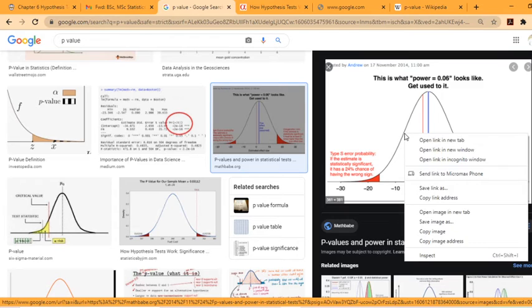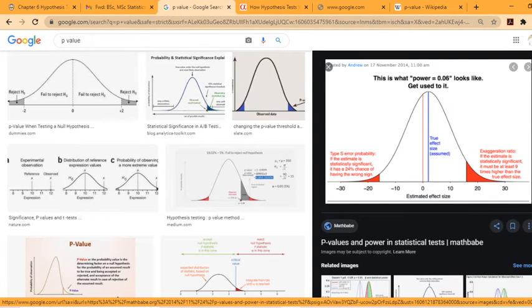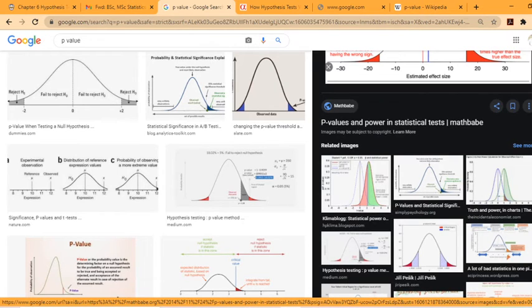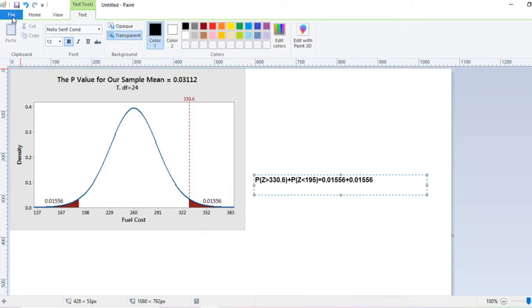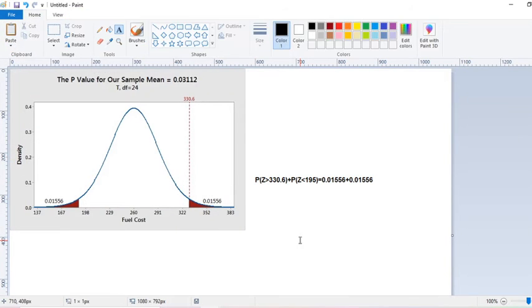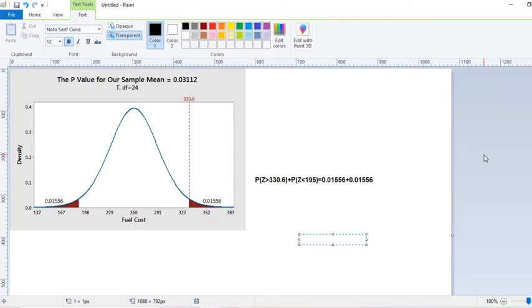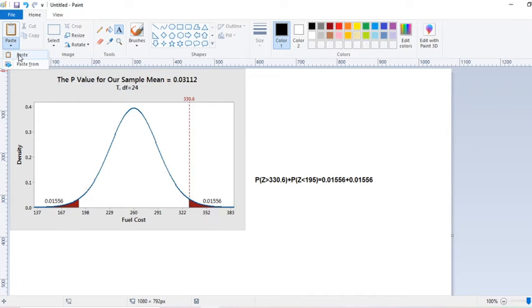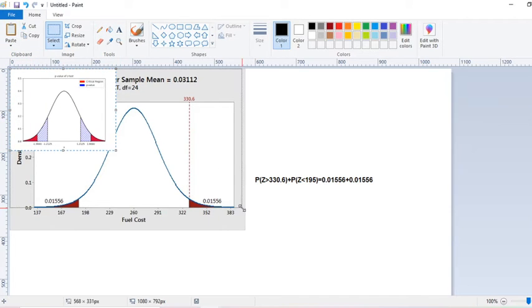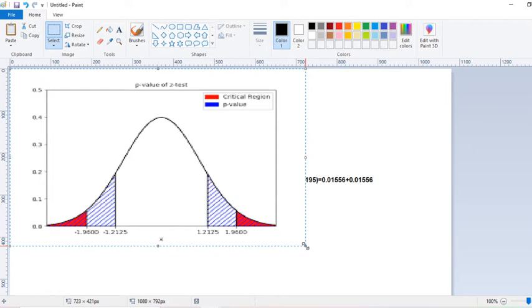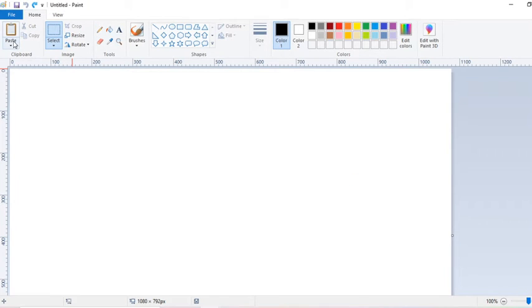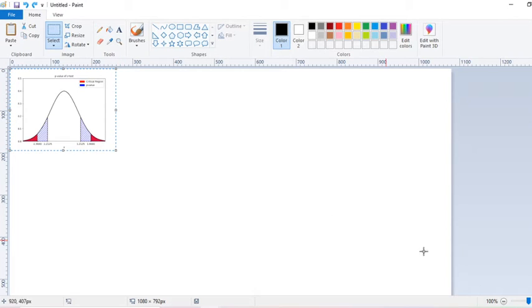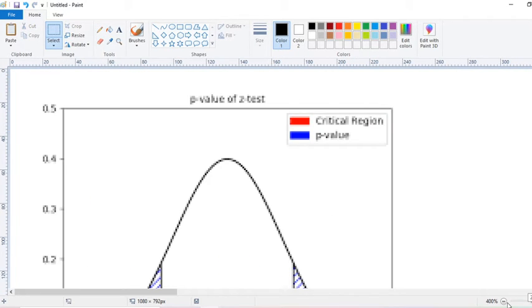Yeah, this is also required. Let us consider this. I will make it bigger.